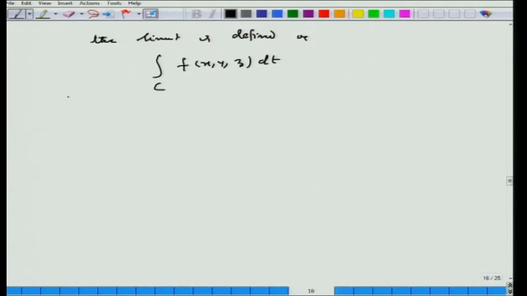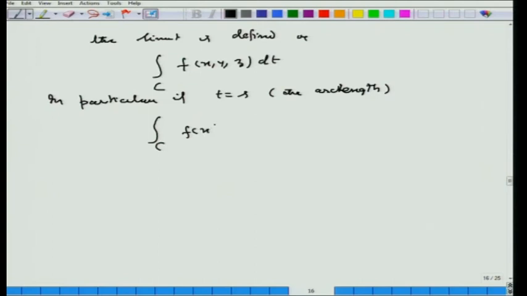In particular, if t equals s, the arc length, then we have the integral over C of f(x, y, z), where x, y, z will be functions of s, with ds.